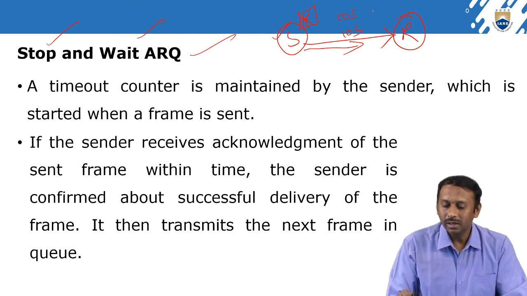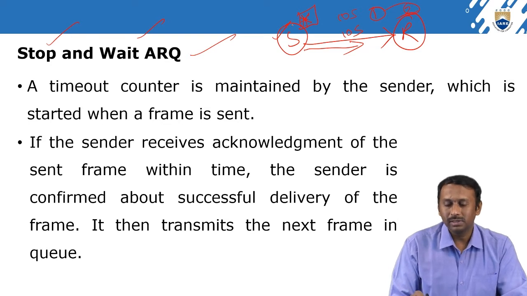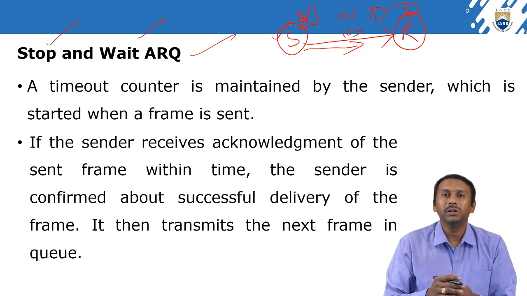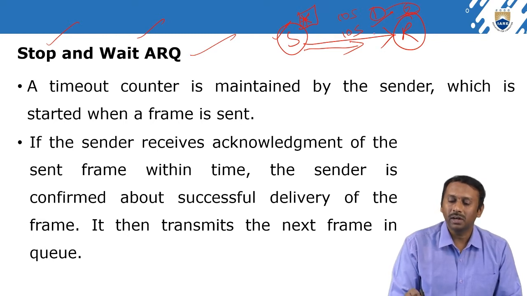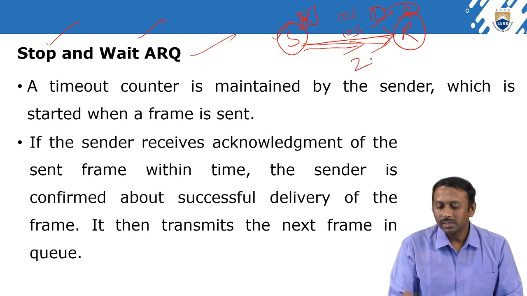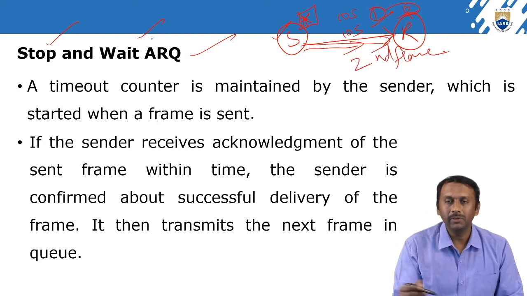First the sender will send data frame 1, and until getting an acknowledgement from the receiver, the sender won't send the second data frame. The sender will wait for the acknowledgement for the first data frame. After receiving the acknowledgement of the first data frame, only then will the sender send the second frame. That's why it is stop and wait.